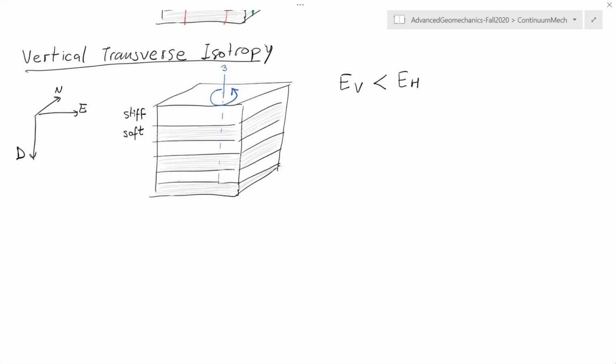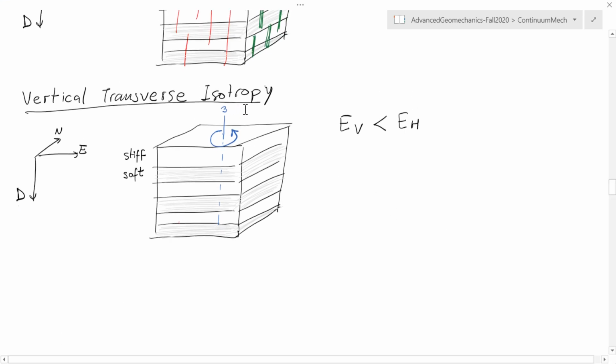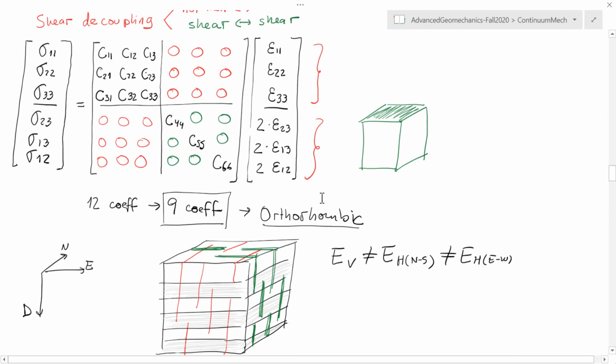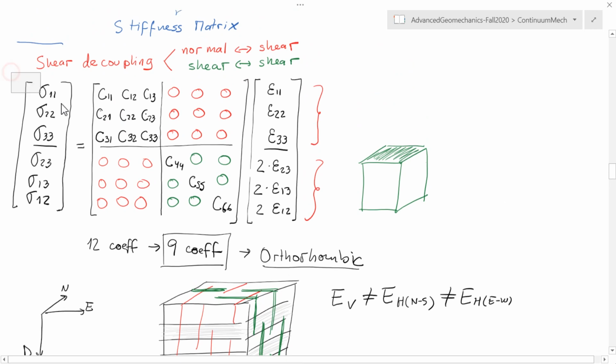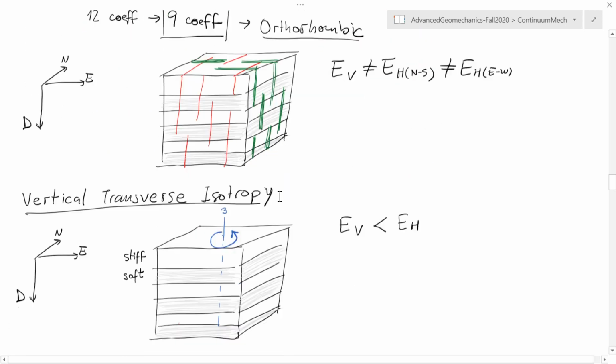All right, so with the vertical transverse isotropy, let's see what the matrix is going to look like. For the orthorhombic material, we have 9 independent coefficients.